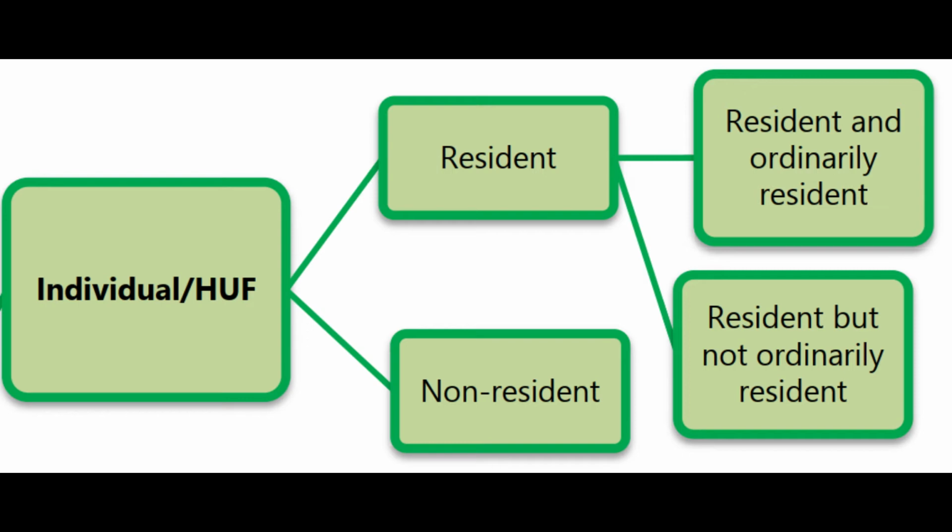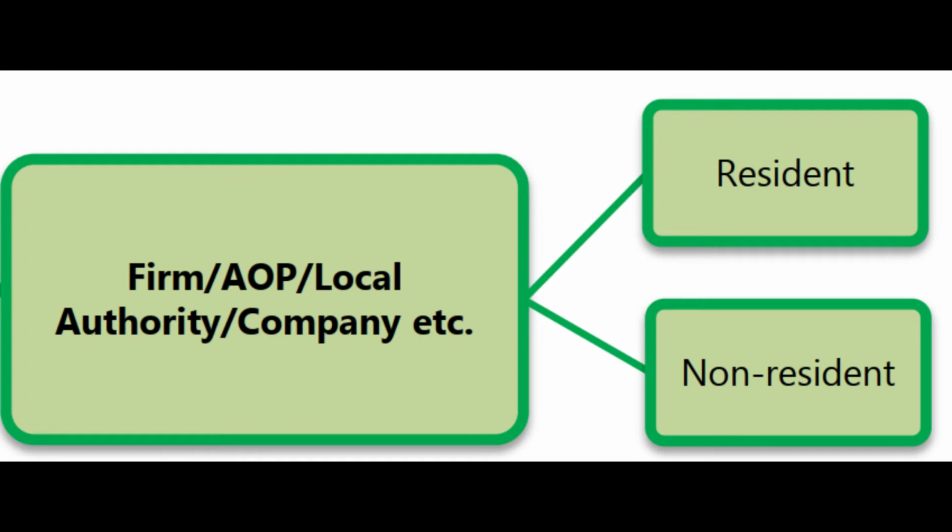Then, if that somebody is an individual or HUF, we have to also check whether that somebody is ordinarily resident or not ordinarily resident. If he is ordinarily resident, we call him ROR. If he is not ordinarily resident, we call them RNOR. And this checking, ordinarily or not ordinarily, is not required for other types of SSCs who are not individuals or HUF.